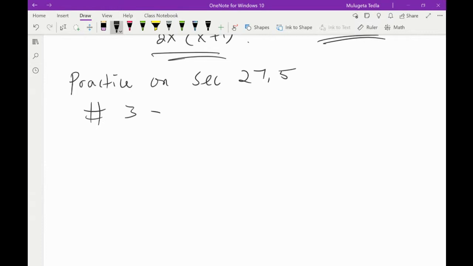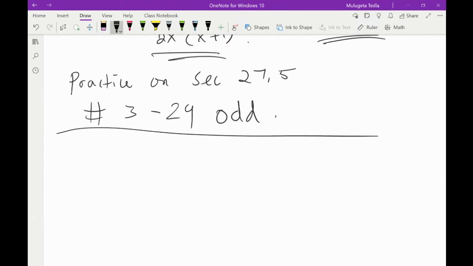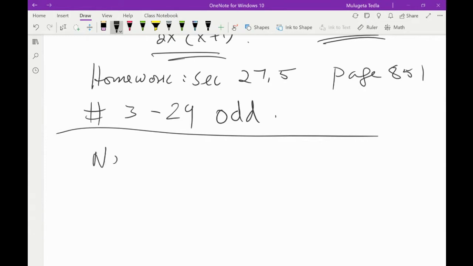Up to 29 is good enough. We didn't do much. Odd numbers. These are homework. When I say practice, it means homework. This is page 851.